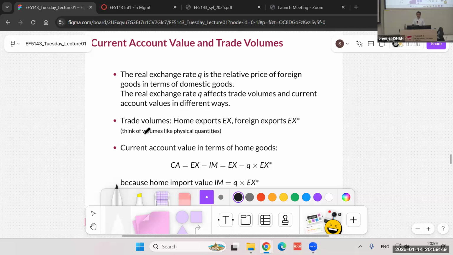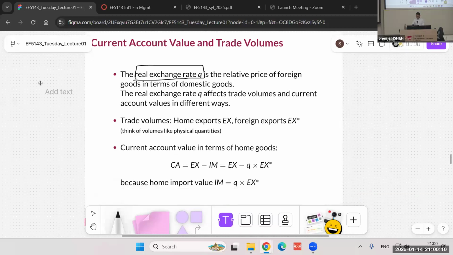To see how prices impact the current account, I need to talk about something we'll discuss much later on, what's called the real exchange rate. It's a very, very simple definition, and I'm going to use it to redefine the current account equation.